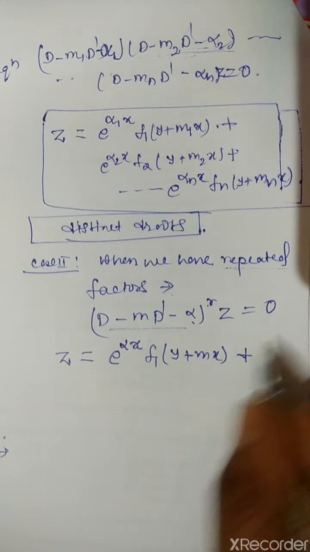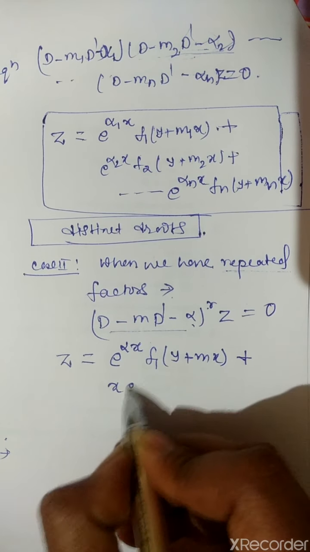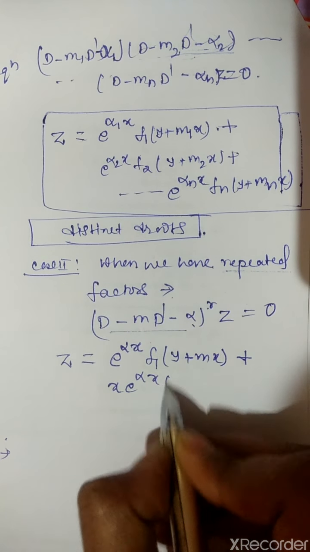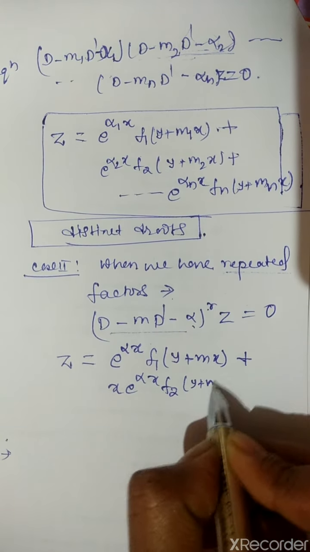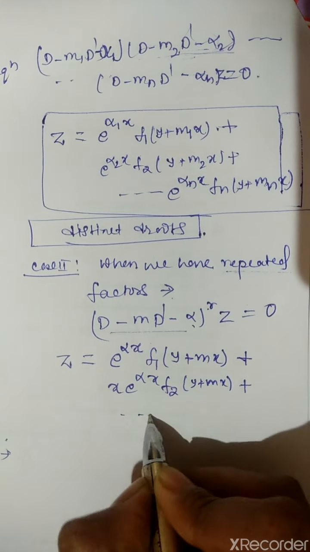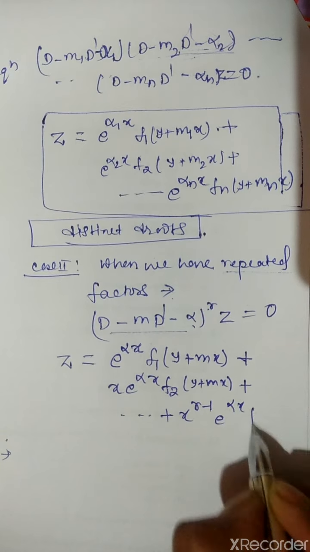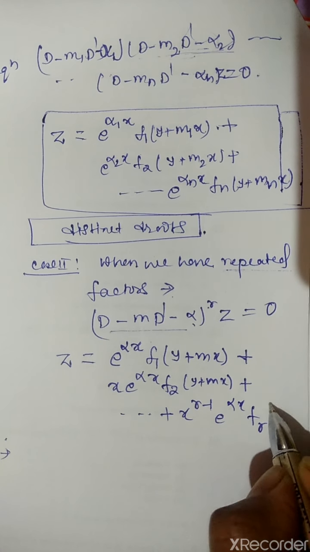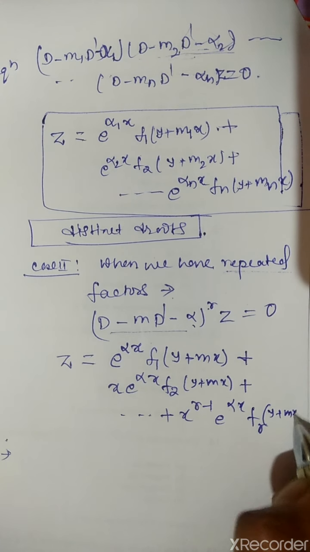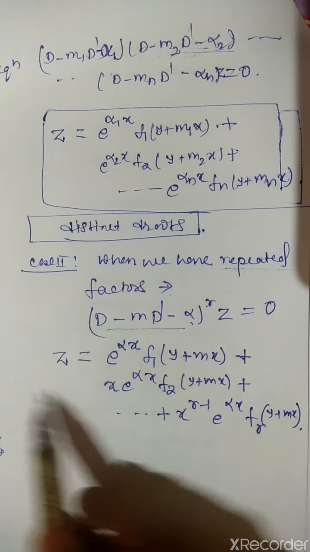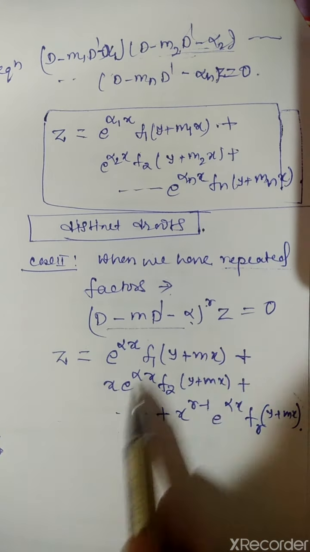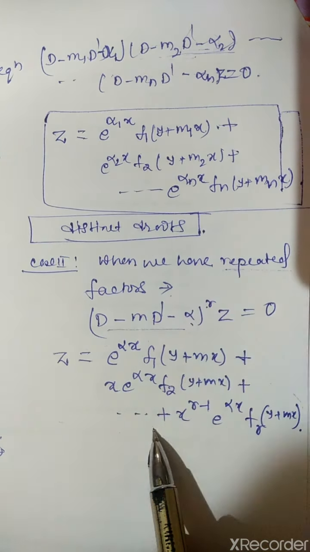Then since it is a repeated root case, we multiply by x and write x e to the power alpha x f2(y + mx) and so on, plus x to the power r - 1 e to the power alpha x fr(y + mx). So this is the CF when we are having a repeated root.